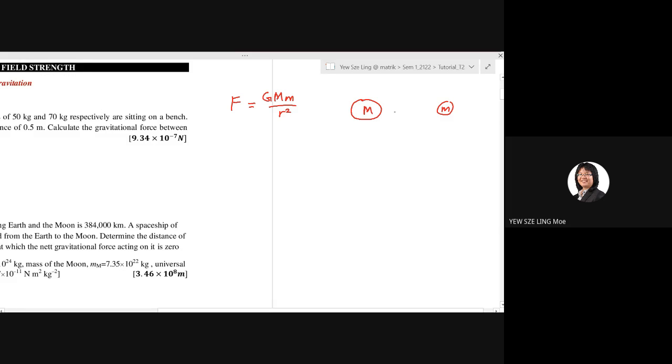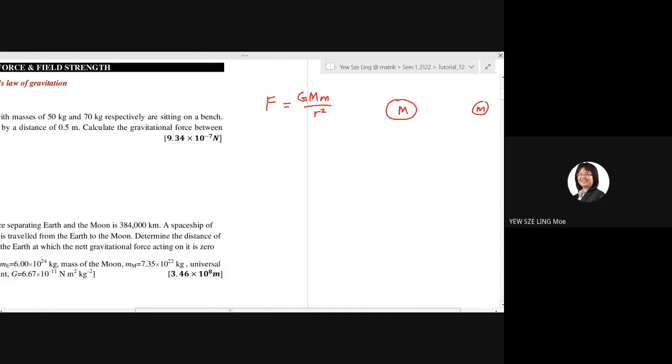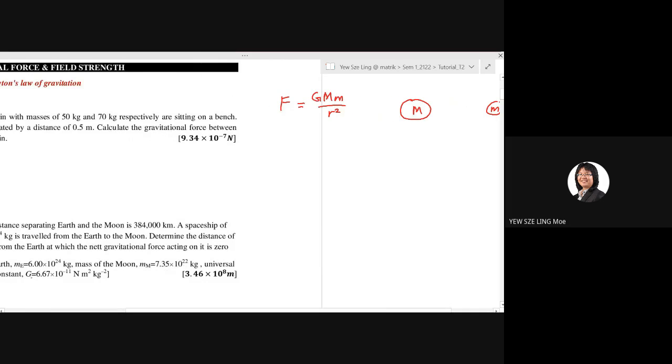Now, the only reason why you don't feel it is because of the gravitational constant. The gravitational constant is very, very small, on the order of 10 to the power of negative 11. If you go back to the questions, G given is 6.67 times 10 to the power of negative 11.